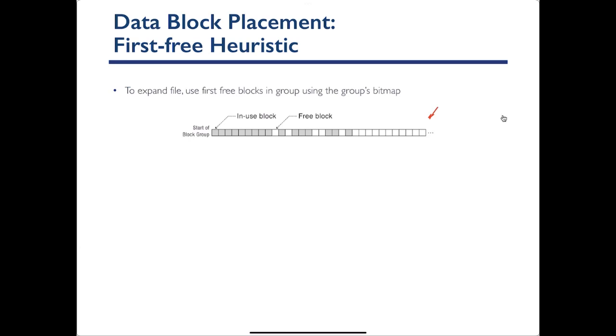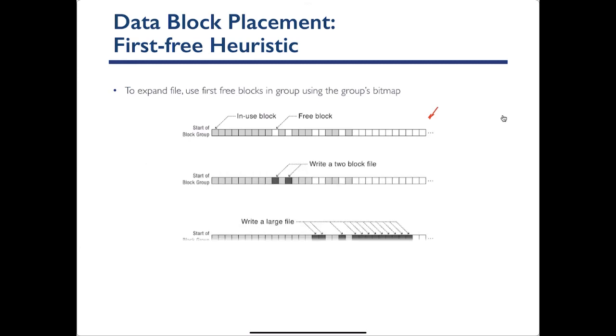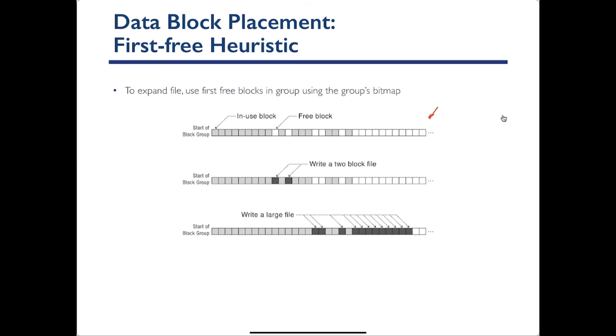In fact, first fit works well with this, because if you're using first fit for small files, you're going to end up filling the beginning of your bitmap, and most of your free blocks will be at the end of your list, because every time you're allocating, you're doing first fit.